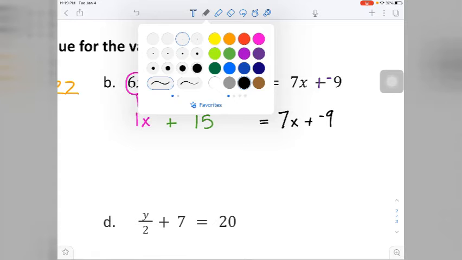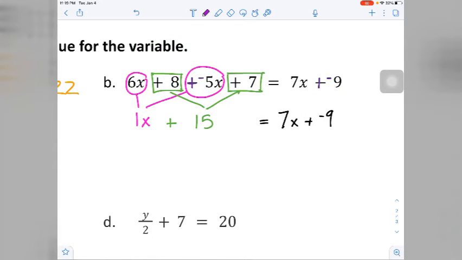Now, moving forward, my next simplifying step would be to remove balance sets now that I'm done combining like terms. So I need to remove x from one side and 1's from the other. I'm going to go ahead and take away this 1x. So I'm going to do minus 1x from the left.